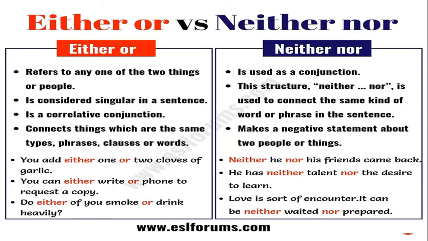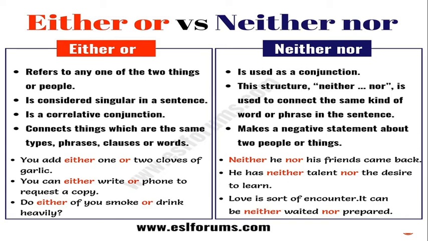So either, neither. Where to use either? Where to use neither? Either or, neither nor. This either or refers to any one of the two things or people. Neither nor is used as a conjunction. Neither nor makes a negative statement about two people or things.